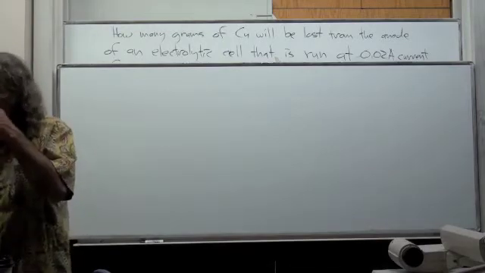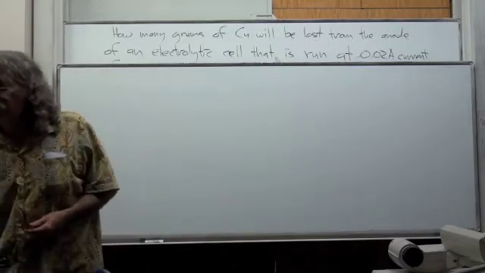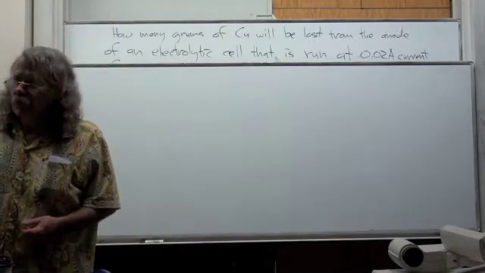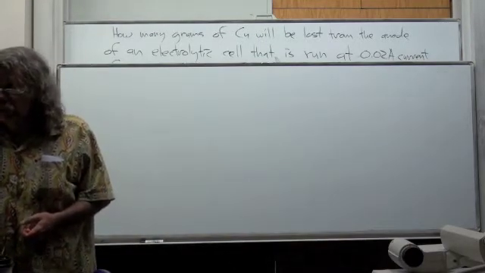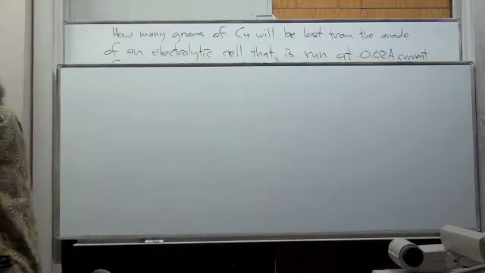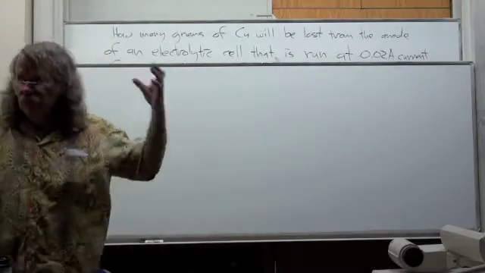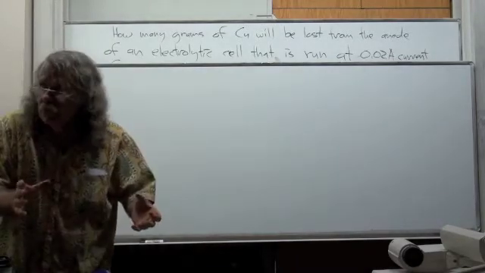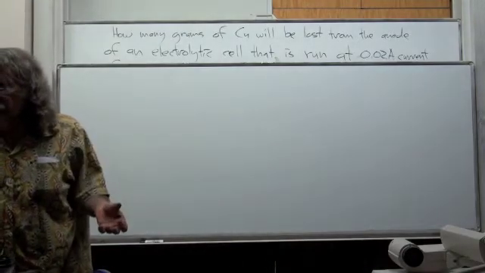And for every cycle, because the Q and the work are not state functions, the state functions like energy are equal to 0 because they are path independent.